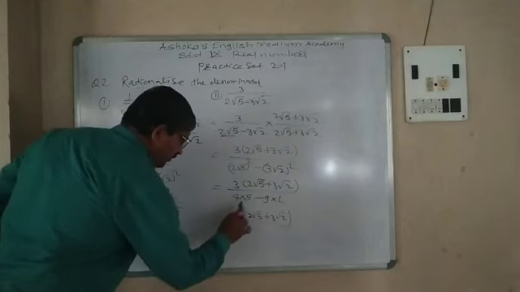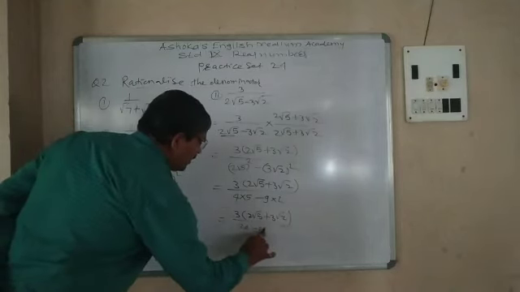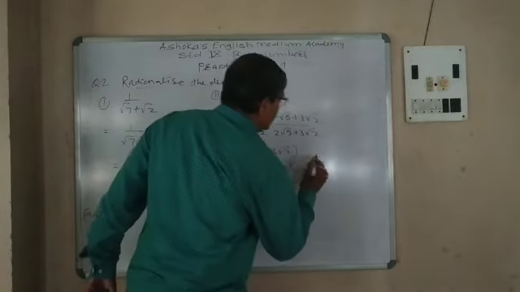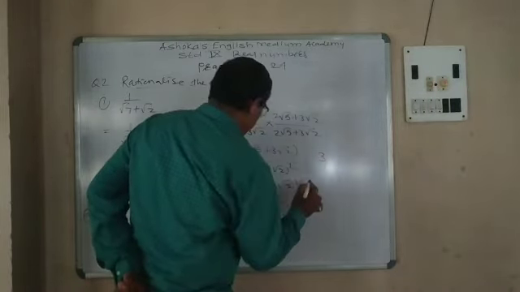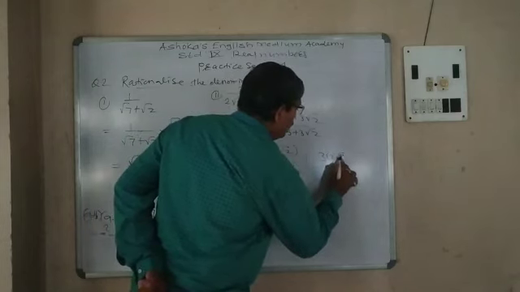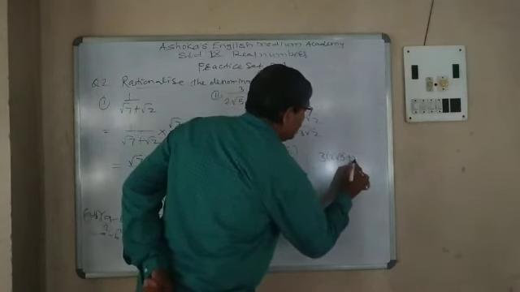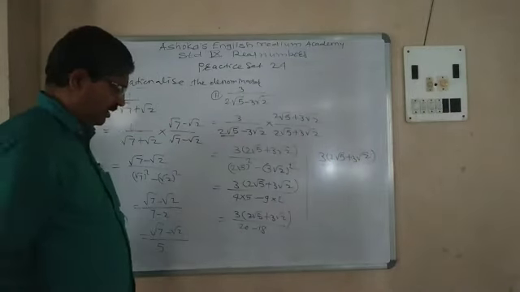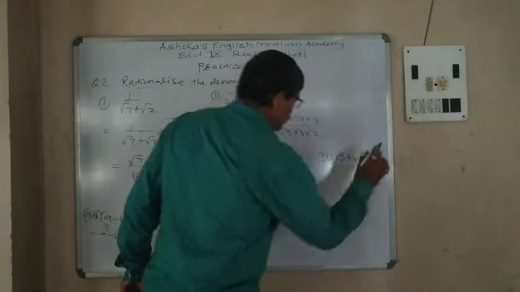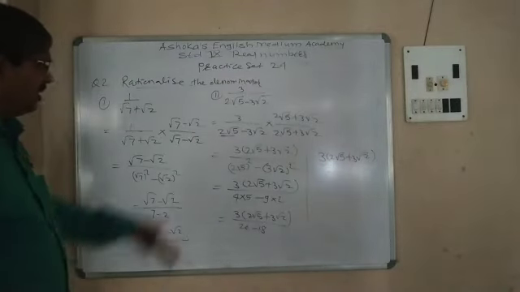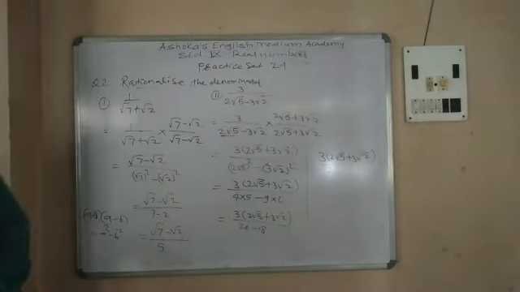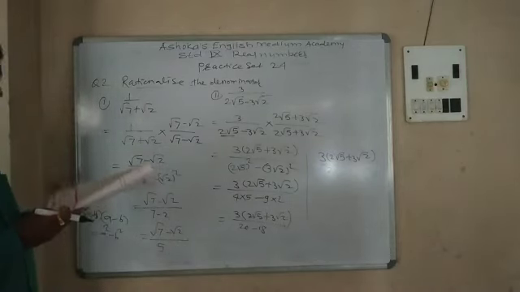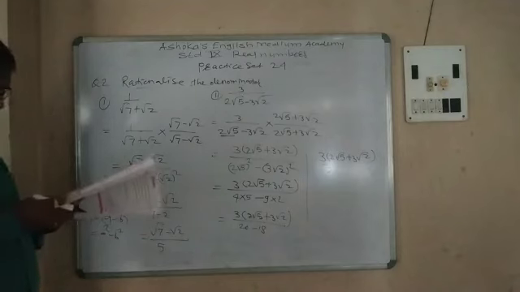And 2 root 5 squared is 4 times root 5 square, which is only 5, minus 3 squared, 9, times root 2 square, which is only 2. So what happened? In the numerator as it is, 3 in bracket 2 root 5 plus 3 root 2, and in the denominator 4 fives are 20 minus 18, that is 2. This is the answer of question number, I think it is question number 3, am I right? No, it is question number 2, no problem.